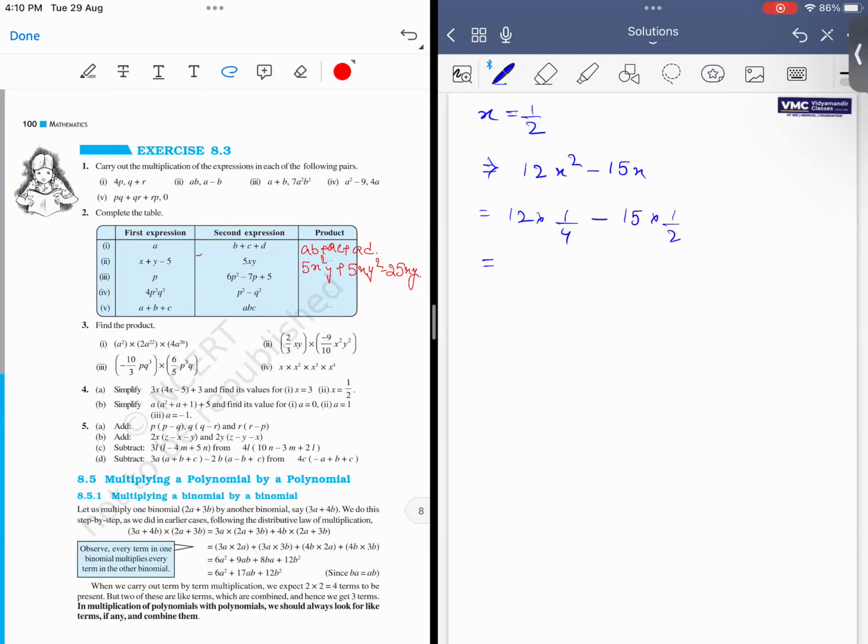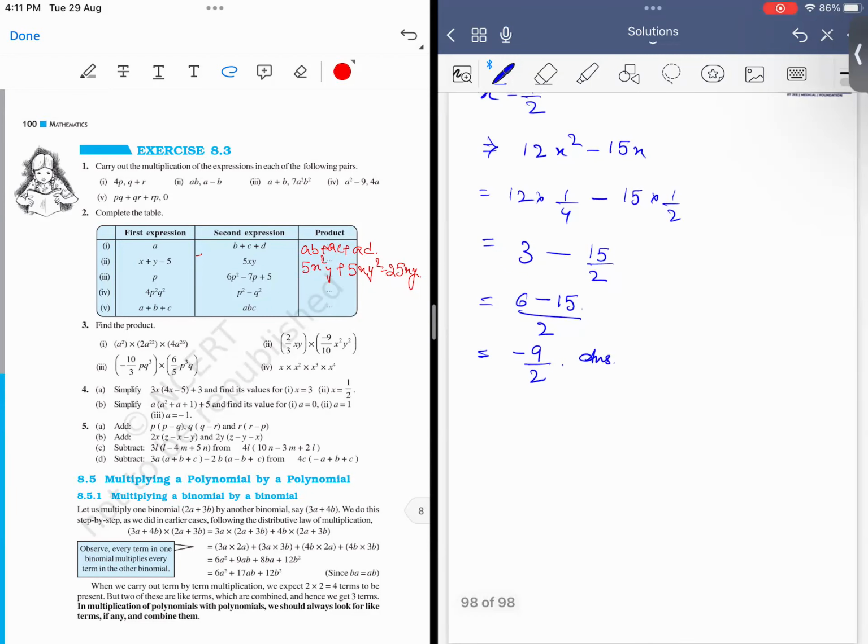So 12 into 1 by 4, we can simplify, so 3 minus 15 upon 2. So we can take an LCM. 2 is the LCM, and 6 minus 15, that is minus 9 upon 2. So for different values of x, we are getting different values of the expression.